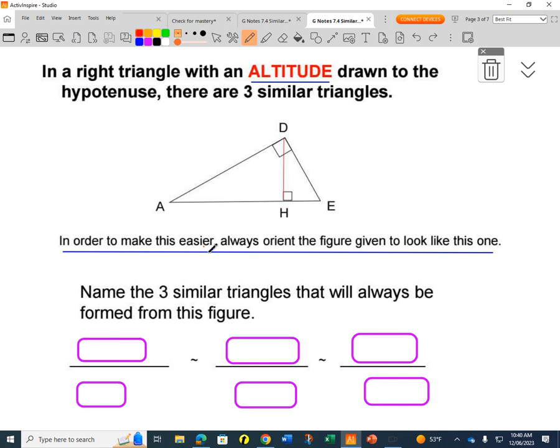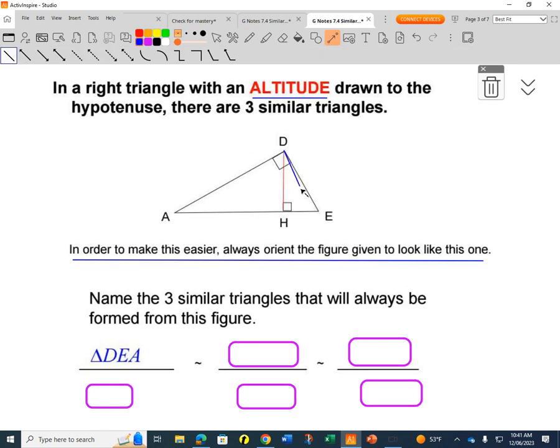So if we want to name these similar triangles with corresponding parts in the same order, we can name the big triangle however we want, and then we're going to use that same order for our other two similar triangles. So triangle DEA, that is the big triangle. Does everybody see that?